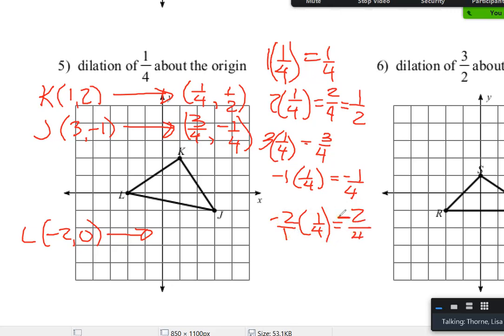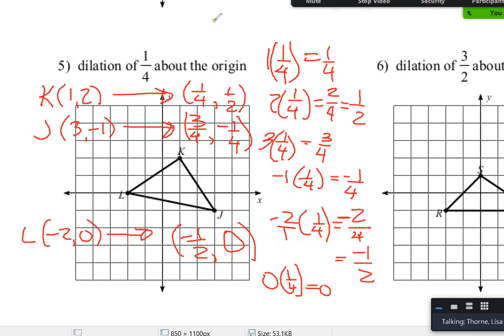Yeah, I do have the negative. Okay, -2 over 4 is the same as -1/2. So that's -1/2. And of course, 0 times a fourth is 0. So -1/2, 0. That's all I had to do, is multiply them by fractions.